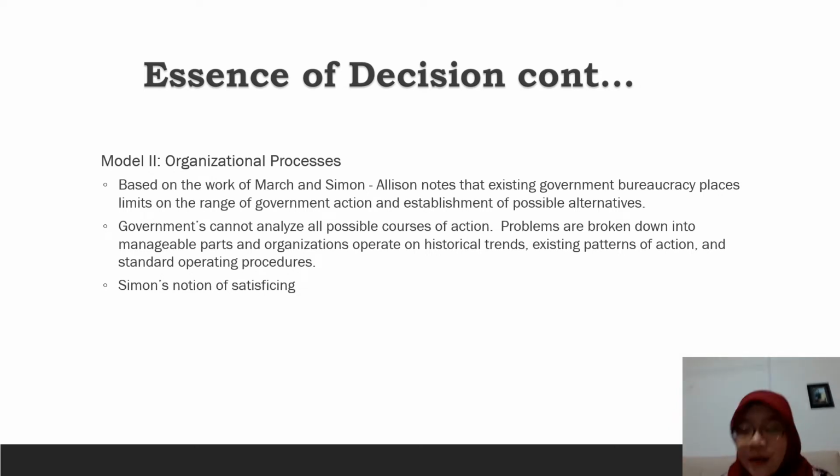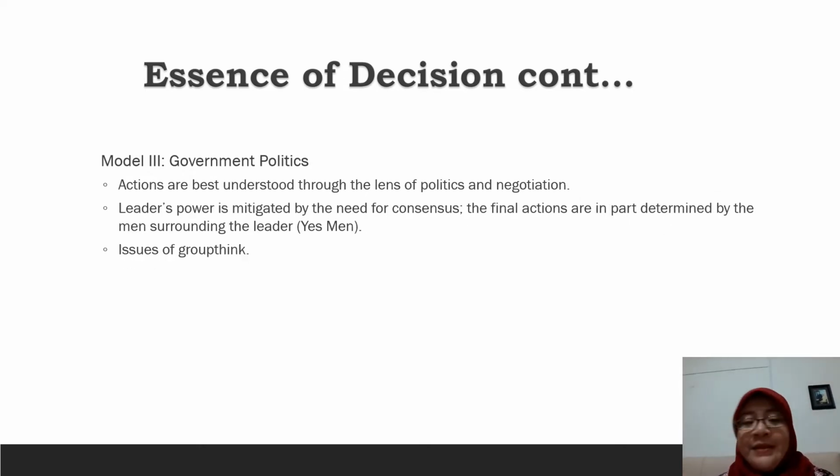Then we follow the standard operating procedures, the SOPs. That's the organizational process.